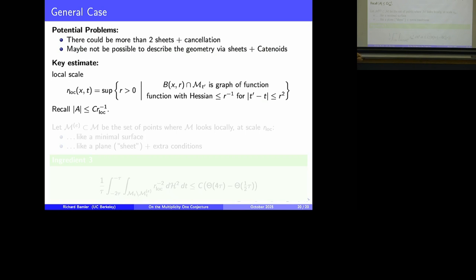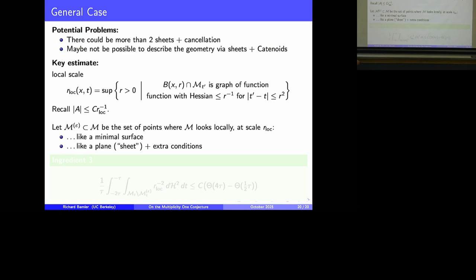In other words, if I rescale the flow so that r log is equal to 1, then in the unit ball the flow looks very flat, with controlled injectivity radius, controlled second fundamental form and everything. So a bound on r log is better than a bound on the second fundamental form. You can think of this as something like a maximal function in harmonic analysis.